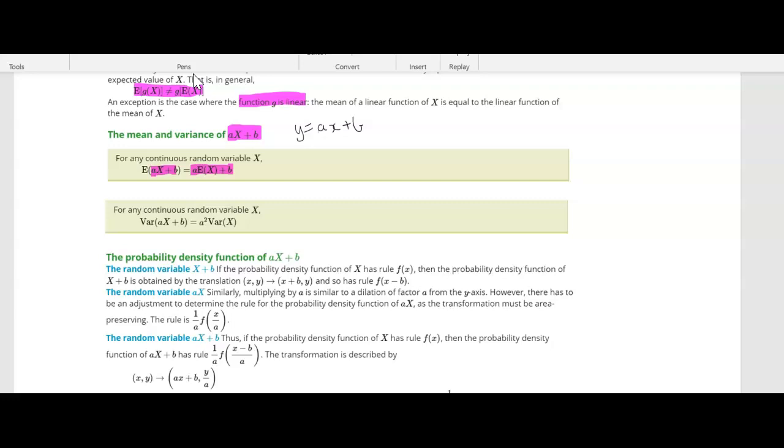So you don't have to go through a lot of working out, you can just apply that rule. And the same with the variance. If you've got the variance of a linear function, you can just do a squared times your variance. It's a little bit different if you've got a non-linear function, and that's what we covered in the previous sections.